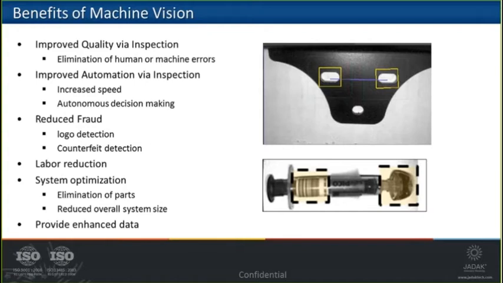Reduce fraud, I'll talk a little bit about that later, but we have actually used machine vision to detect if the right part is installed. So if it's an actual authentic part versus a counterfeit part. And system optimization and providing enhanced data. I'll talk a little more about that later, but we can actually use a machine vision camera to eliminate other parts in the system that we're really trying to do the job that the machine vision can replace.